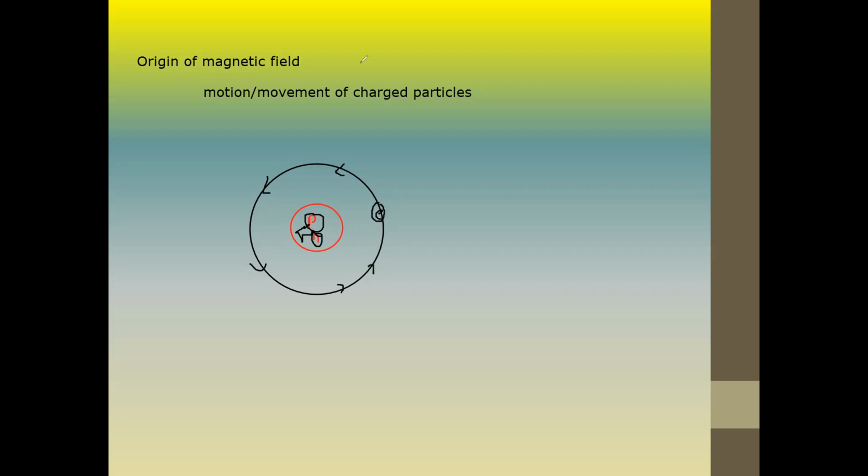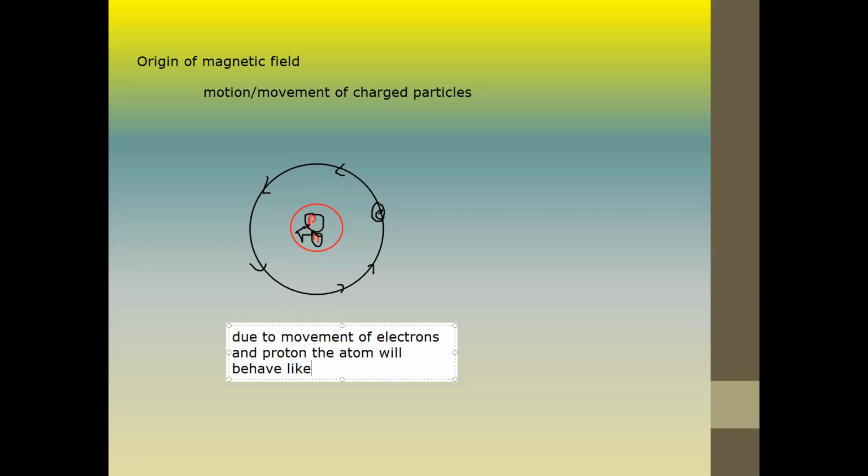So due to the motion of the charged particles, electrons and protons, the atom will behave like a magnet, and we call this a domain.